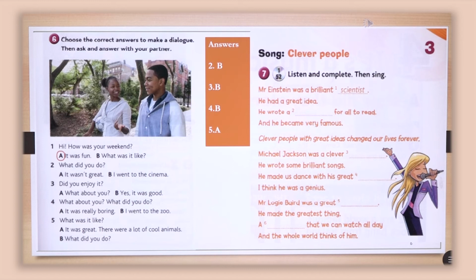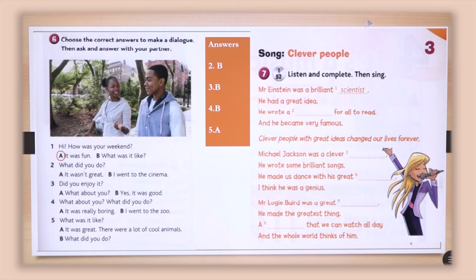Mr. Einstein was a brilliant scientist. He had a great idea. He wrote a book for all to read, and he became very famous.